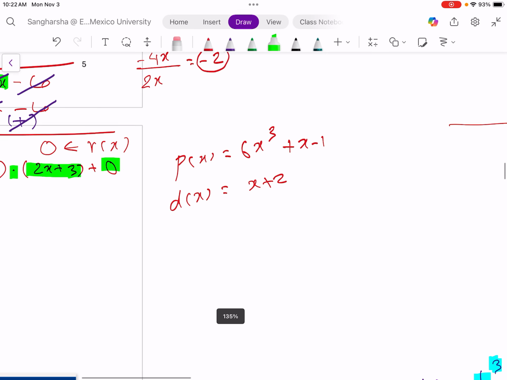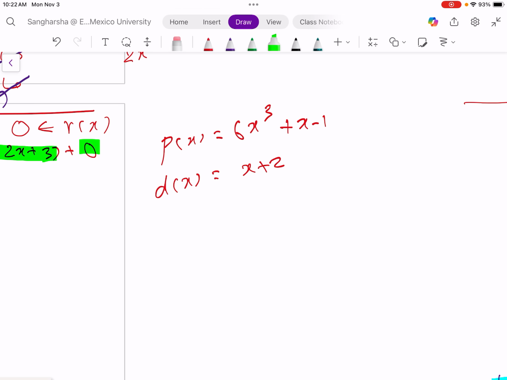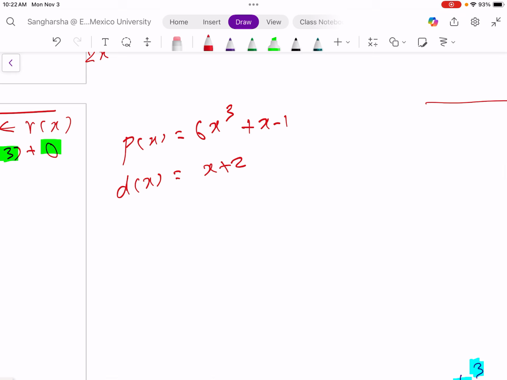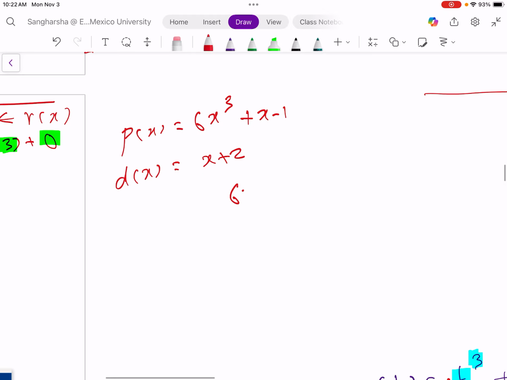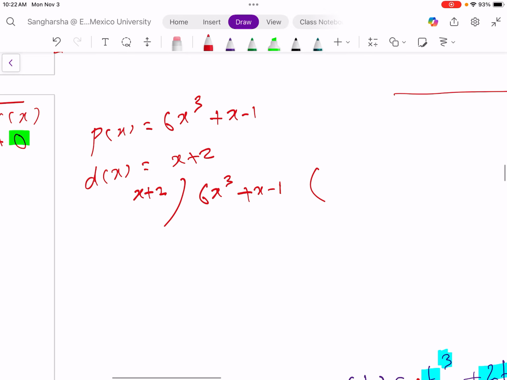So let's use the long division. At first we rewrite our polynomial and the divisor in the descending order of exponent of the variable, and it's already in order, so no need to rewrite. So our polynomial is 6x cubed plus x minus 1, and we are dividing by our divisor x plus 2. So what is the first step?